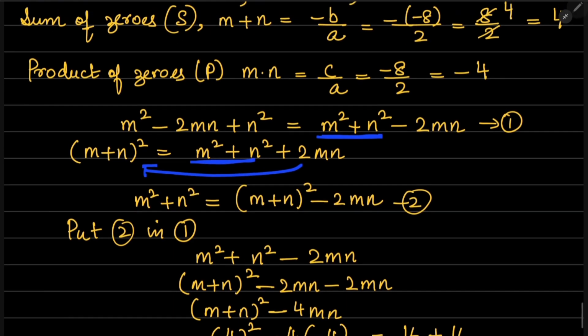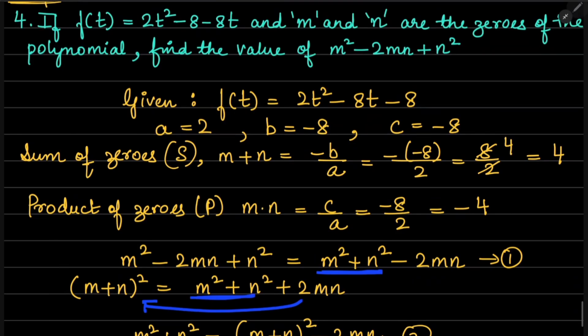So whatever be the expression asked in terms of the zeros, there are multiple questions of the same kind. Whenever you are given a polynomial, first of all, take out the coefficients, find the sum and product of the zeros using this formula. That is, sum of zeros equal to minus b by a, product of the zeros equal to c by a. Get these two values.